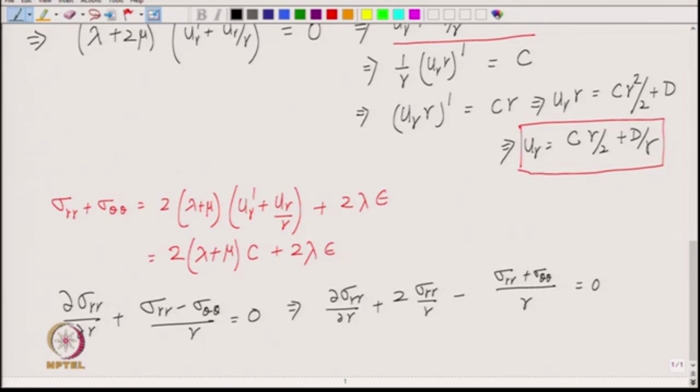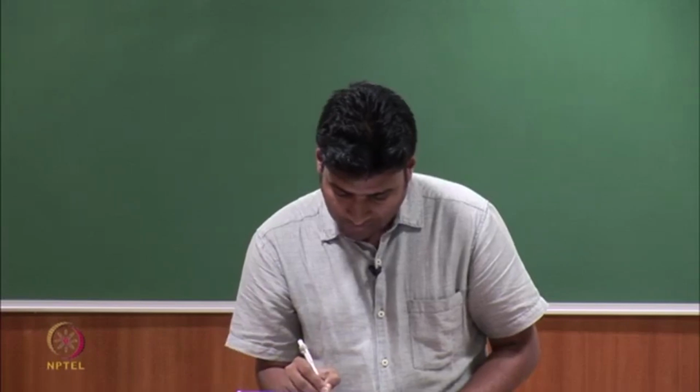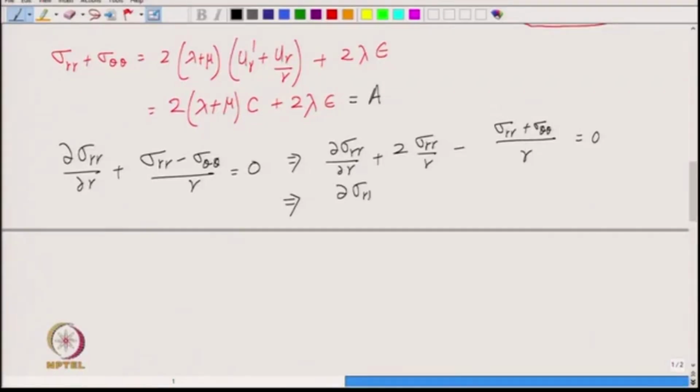But we know that sigma_rr plus sigma_theta theta is a constant. So, let us call that constant a. That means, finally, we have del sigma_rr over del r plus 2 times sigma_rr by r equal to this constant a divided by r, correct. Now, are you familiar with solving this kind of equation? It has only sigma_rr, which depends on only r.